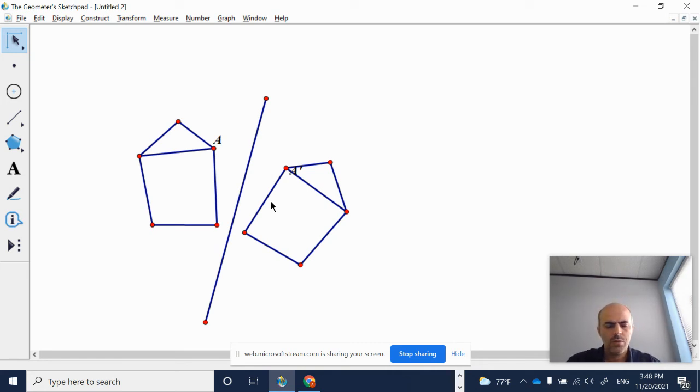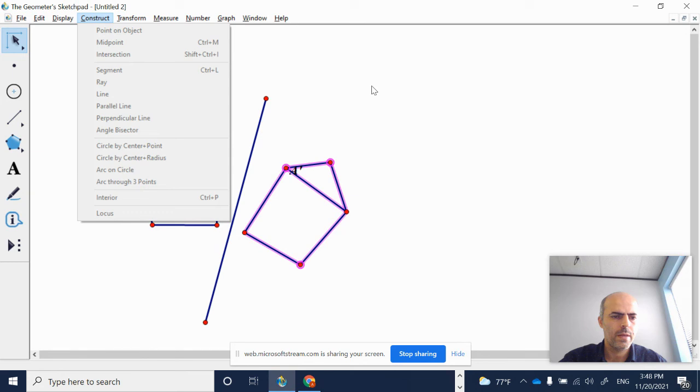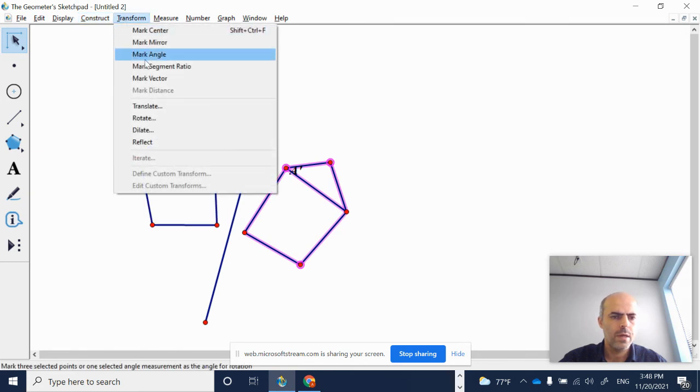A rotation maps a line to a line, a ray to a ray, an angle to an angle, and a line segment to a line segment. And secondly, rotation preserves the length of segments, because whenever we do a rotation, we will show maybe after a while.